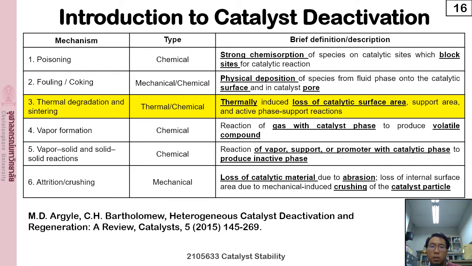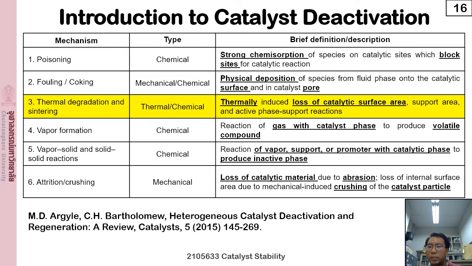The mechanism of this type of deactivation is thermally induced, meaning it is induced by the temperature applied in the process. As you set the temperature in your reactor, the high temperature will induce the loss of the active sites by fusing of the active sites.